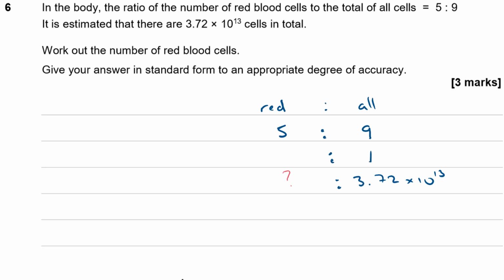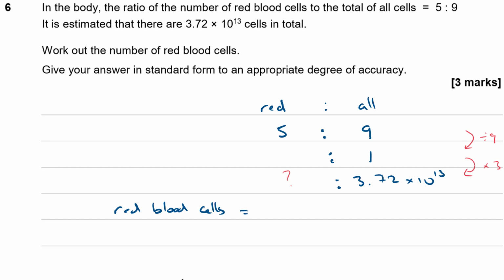So you take your number, divide it by 9, and then times by 3.72 times 10 to the 13. Okay, so that's what I need to do on the other side as well. So I'm going to take 5, divide it by 9, and then times it by 3.72 times 10 to the 13.